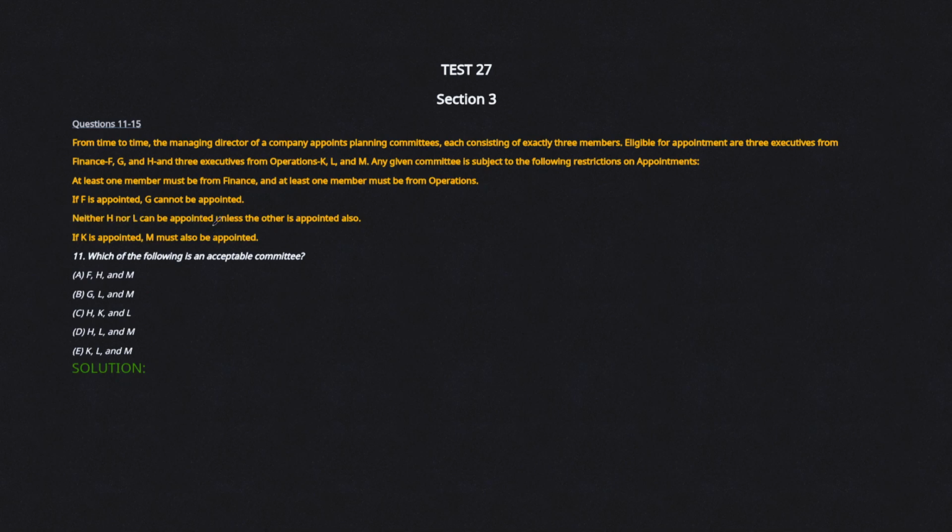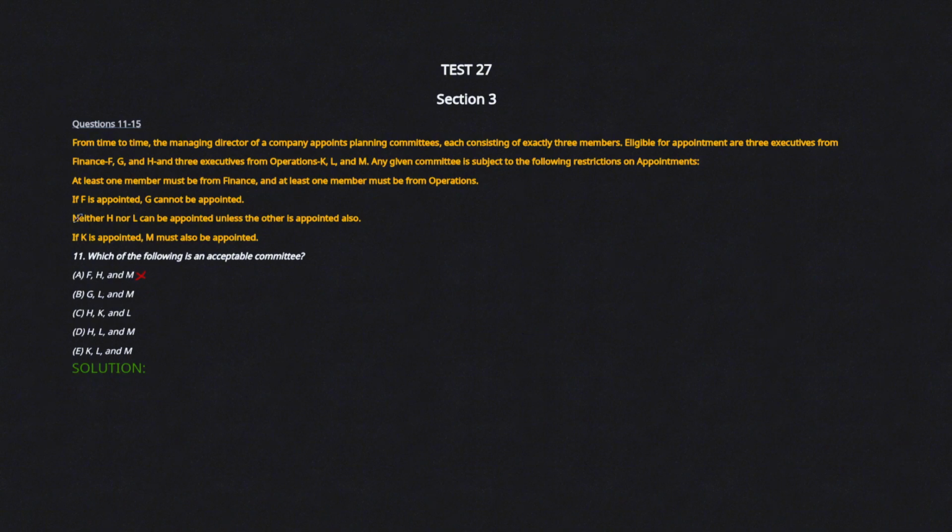Neither H nor L can be appointed unless the other is appointed also. And it violates the third condition. We have H here, but no L. So this one is wrong. So we can cut it off. With B, the first one is yeah, we have one from finance and one from operations.